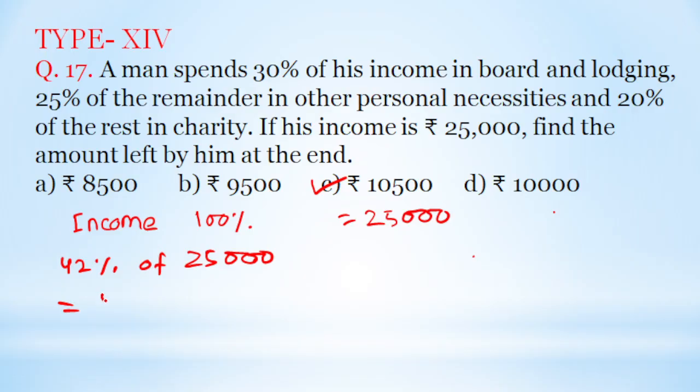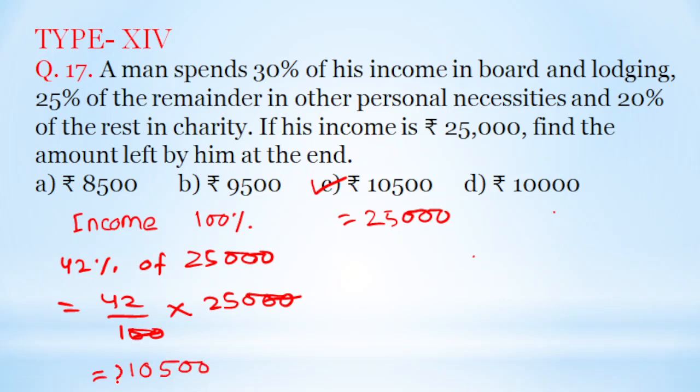So that is equal to 42 by 100 into 25,000. These two zeros cancelled. When this is multiplied, it becomes 10,500 rupees. This means option C is the right answer.